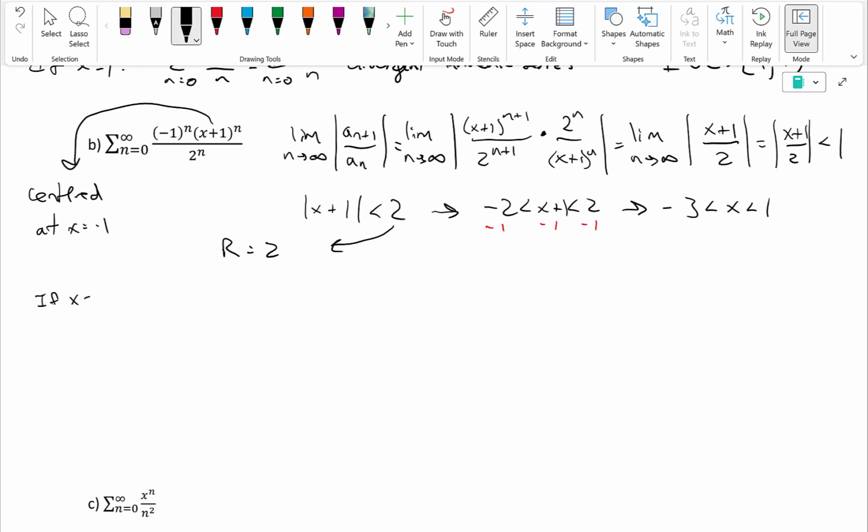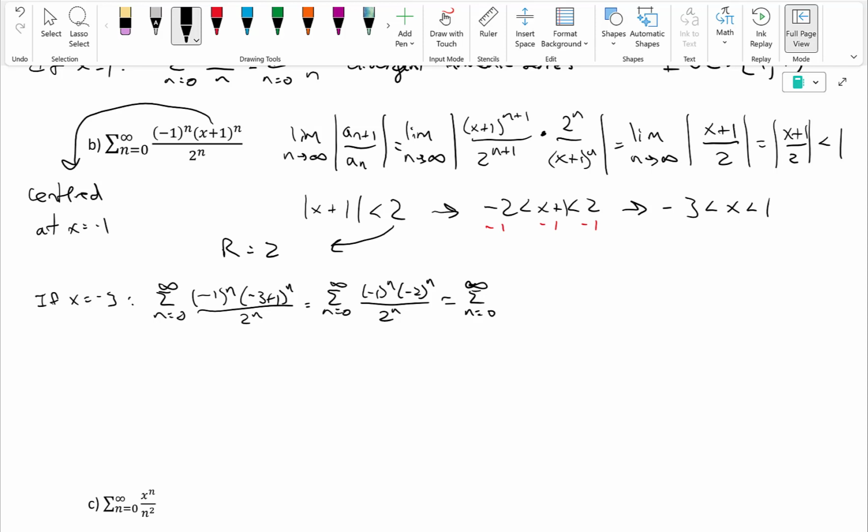So if x equals -3, we end up with our summation from n equals 0 to infinity of (-1)^n times (-3 plus 1)^n over 2^n, which would give us a summation from 0 to infinity of (-1)^n times (-2)^n over 2^n. And if we simplify further, I'll try and write out some more steps.